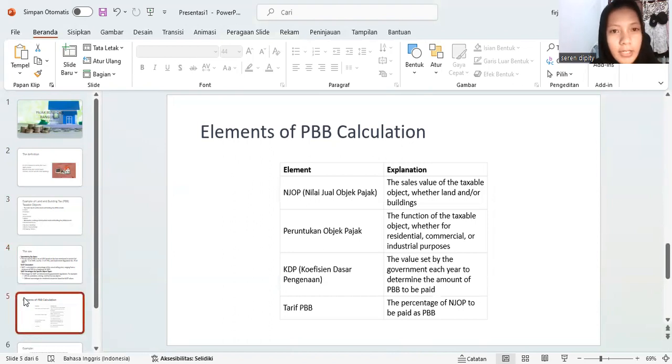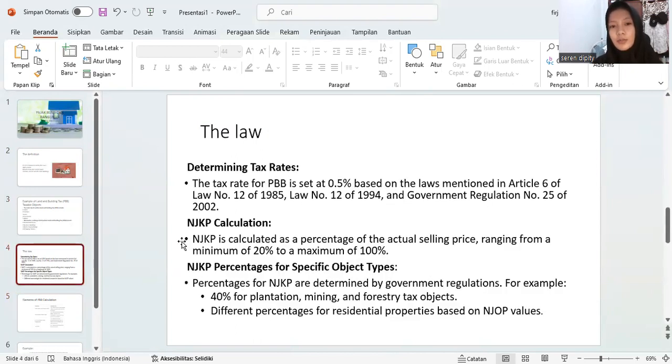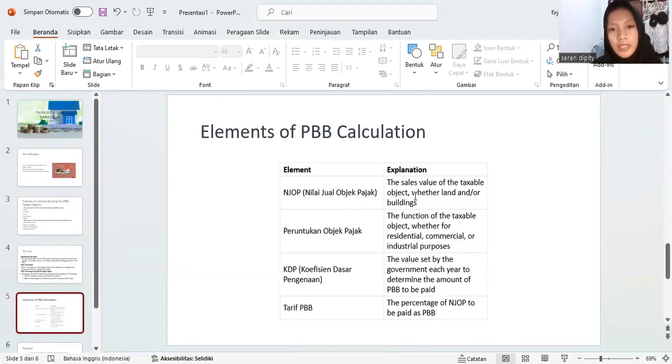And here, if we want to calculate it, we should know the elements of PBB calculation. First there's NJOP, nilai jual objek pajak. The explanation of this is the sales value of a taxable object, whether land and or buildings, NJOP or nilai jual objek pajak.